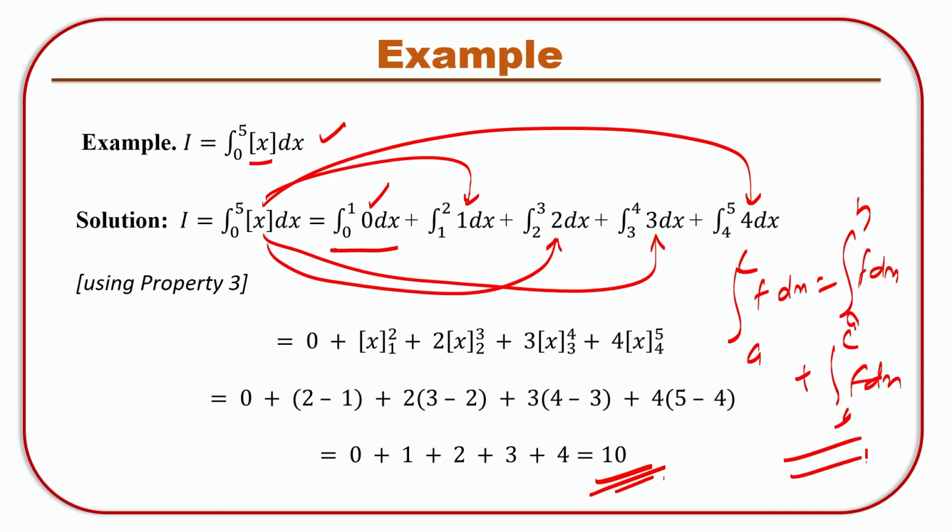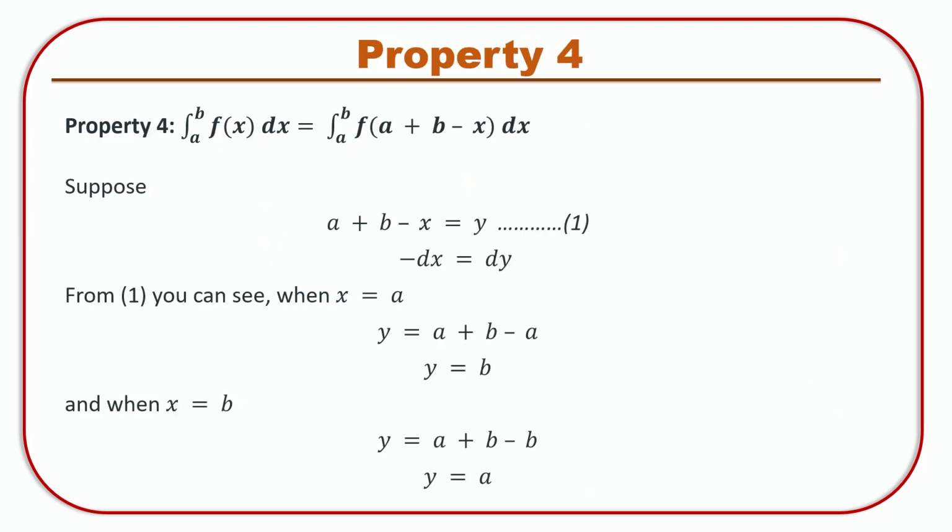These problems are quite easily solved if I use the properties of integration. Now, the fourth property, which is an important property: the integral from a to b of f(x) dx can be written as the integral from a to b of f(a plus b minus x) dx.